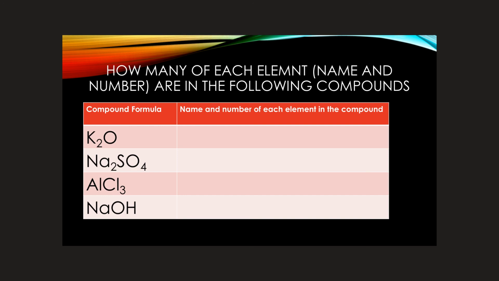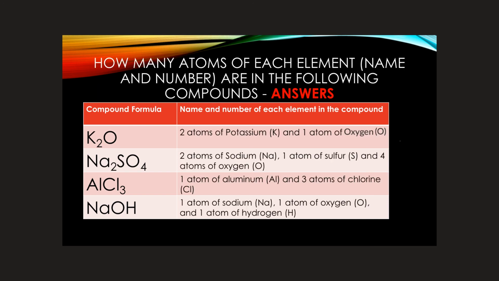So if you think that there are 3 potassiums, then you're going to tell me there are 3, right? So go through each one of these, tell me what the elements are, and tell me how many of each element you have. When you're ready to start, stop the video and do the problem, then restart the video. So stop the video now.